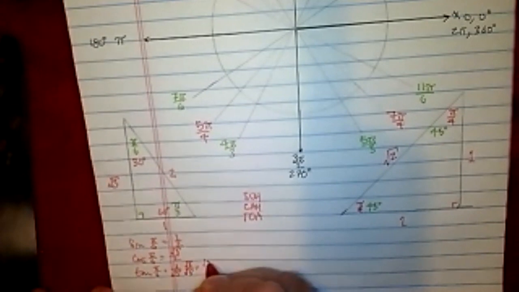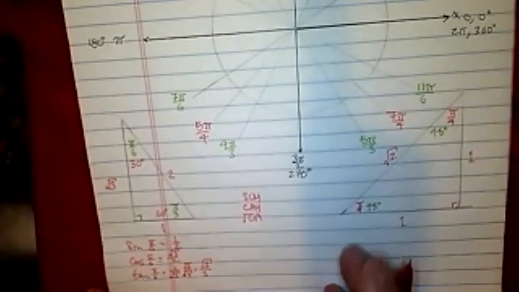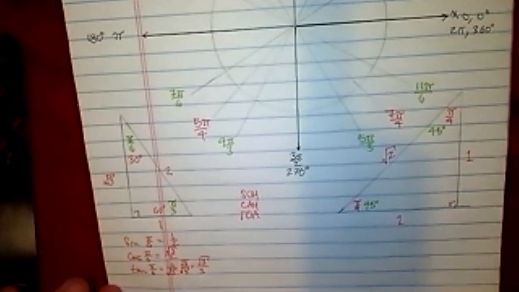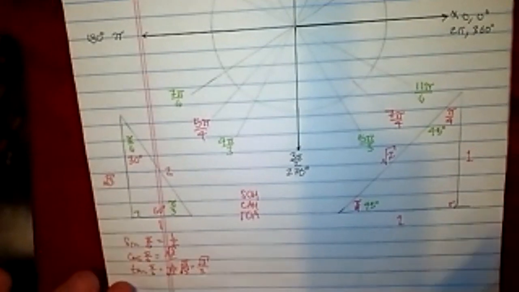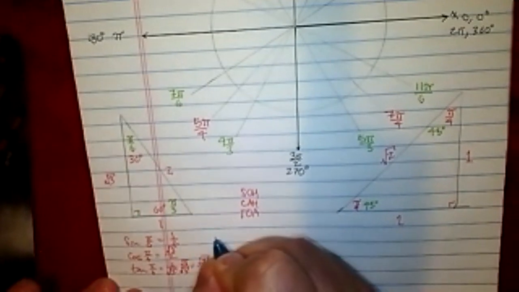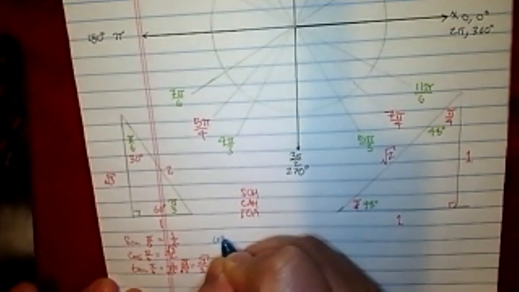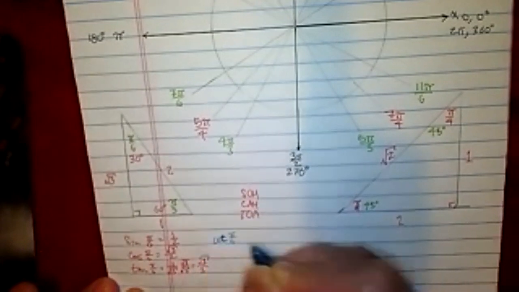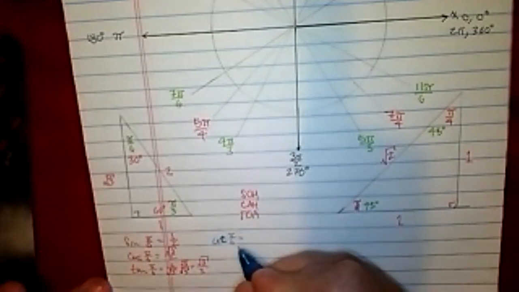So this becomes the square root of 3 over 3, because the square root of 3 times the square root of 3 is, in fact, 3. So now we've got sine, cosine, and tangent. If we wish to see cotangent of pi over 6, that, of course, is just 1 over tangent.